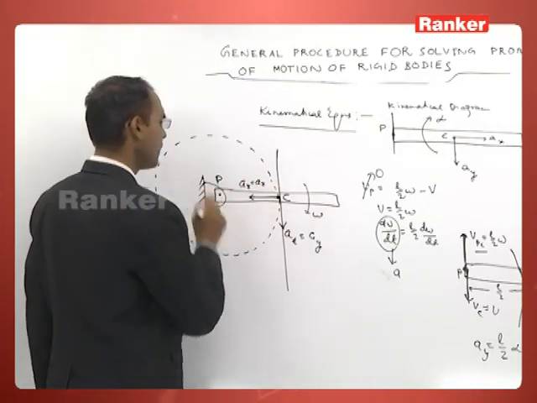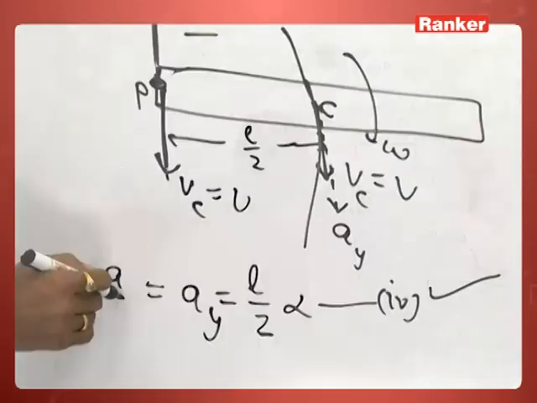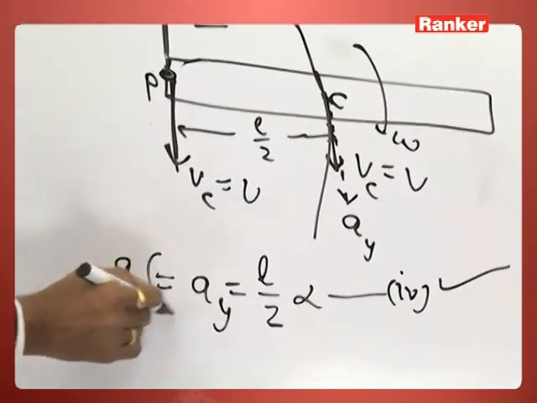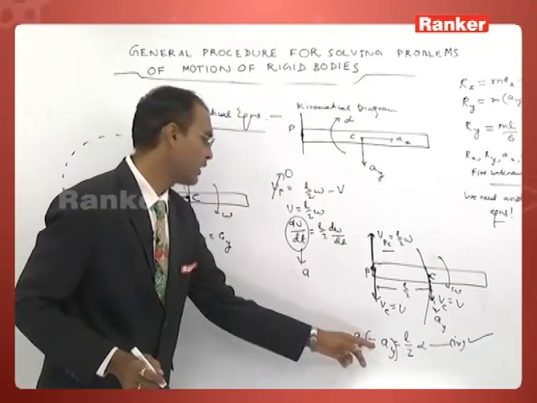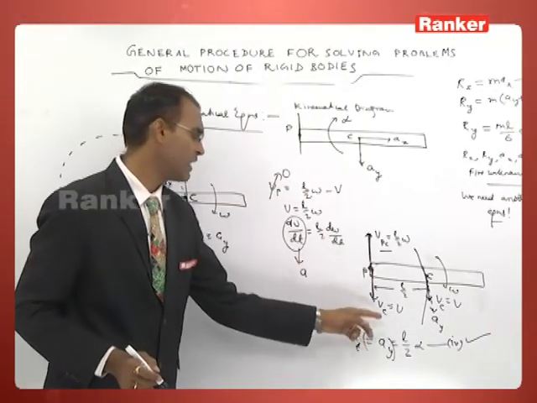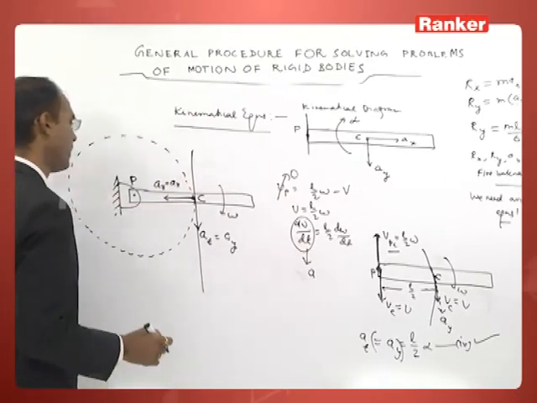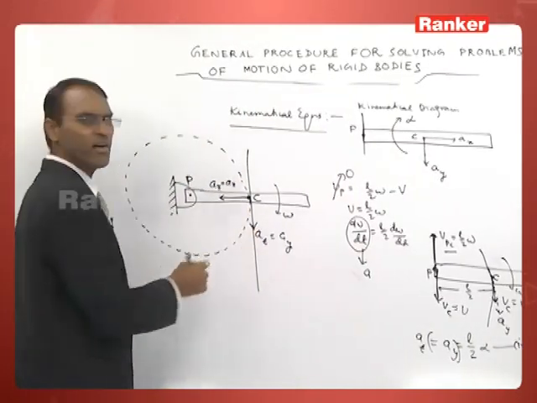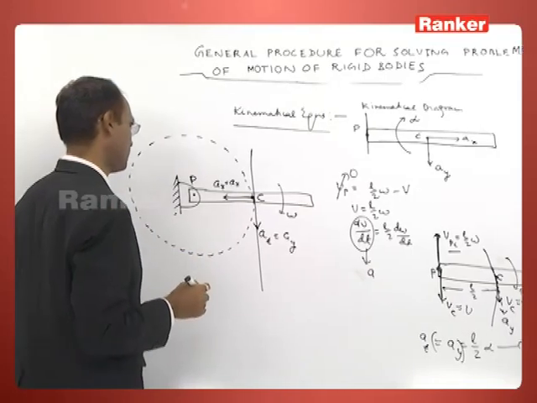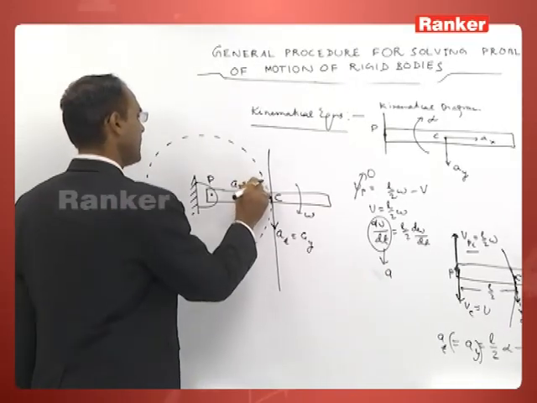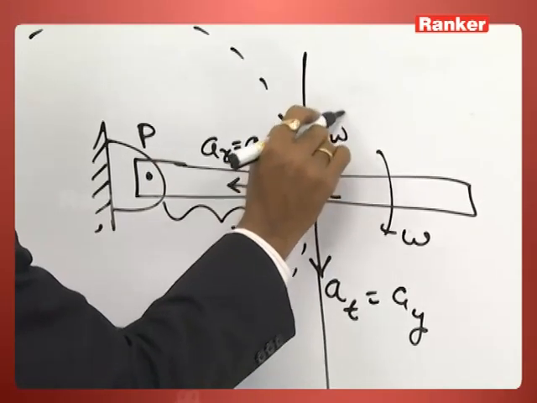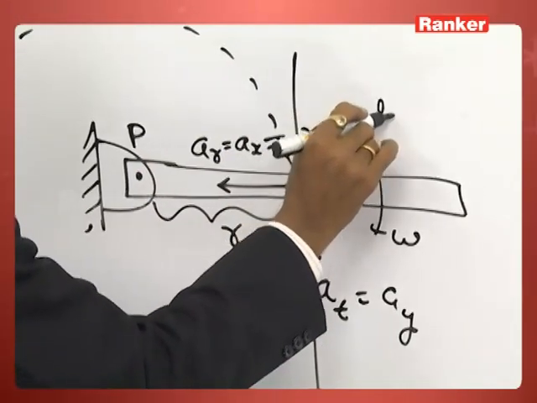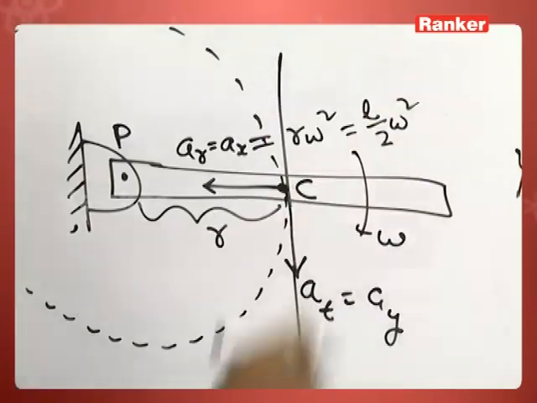So, better to write in this way: A tangential, that is equal to AY, is equal to L by 2 into alpha, following the kinematics of circular motion, and radial acceleration can be written as r omega square. R is equal to L by 2 into omega square.